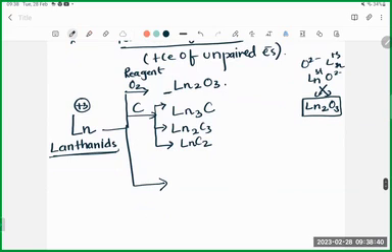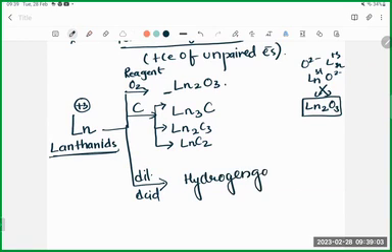The next reaction is with dilute acid. If I take an acid, suppose hydrochloric acid, or suppose sulfuric acid, then due to its metallic nature, the metal displaces hydrogen from the acid. So what we get as the product? Hydrogen gas. Did you understand?